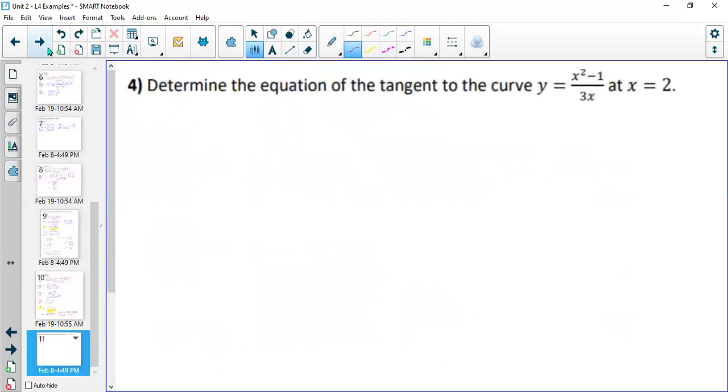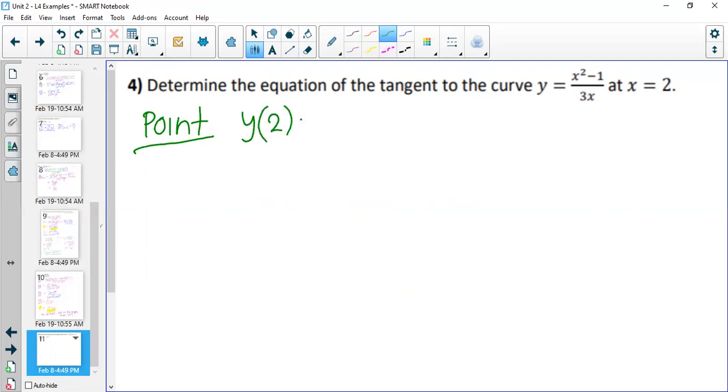Okay, one final application question. The derivative is very straightforward in this particular case. So the first thing I'm going to do is find the point actually on the curve. In order to find the point on the curve, I'm going to substitute or find y of 2.